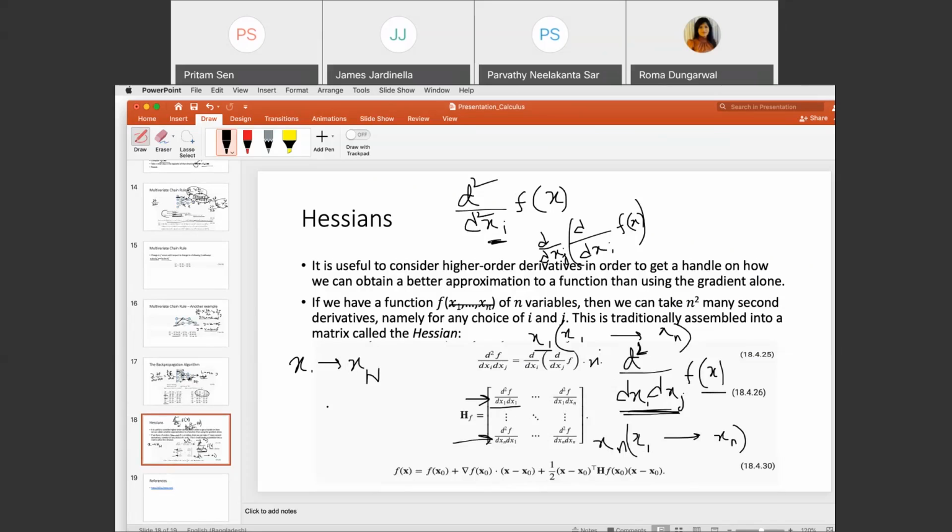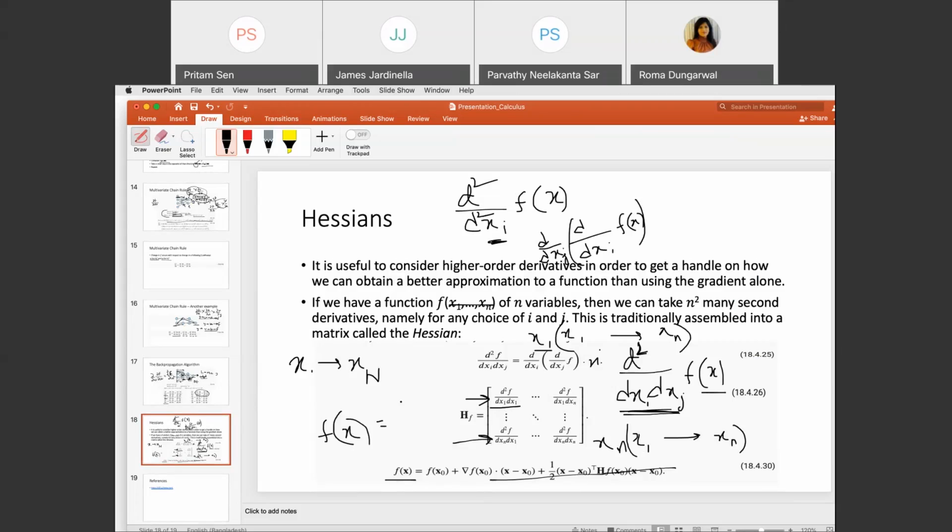As we showed before, the function can be approximated like this using the Hessian matrix. For example, we want to calculate the function of x.